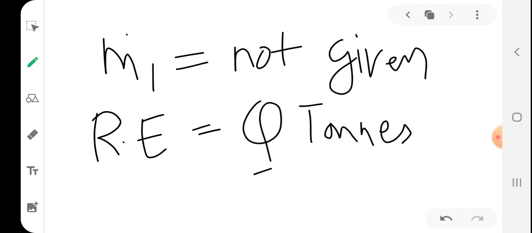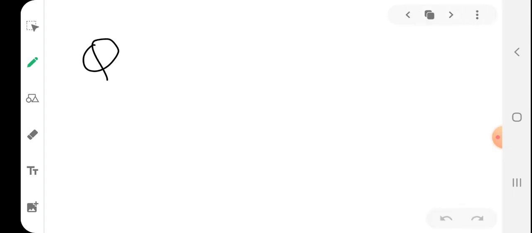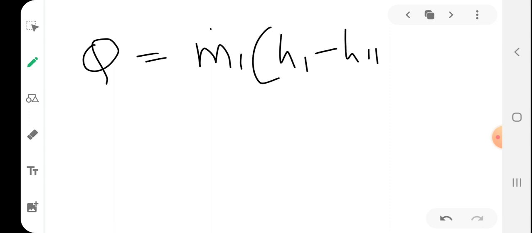Using this you can find m1 dot. How? Because Q in tons will be equal to m1 dot into h1 minus h11, right? So h1 and h11 may be available in the data given.